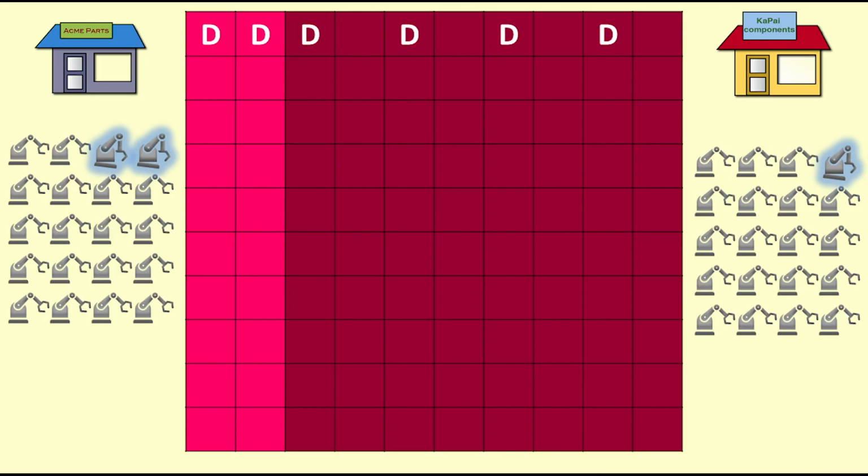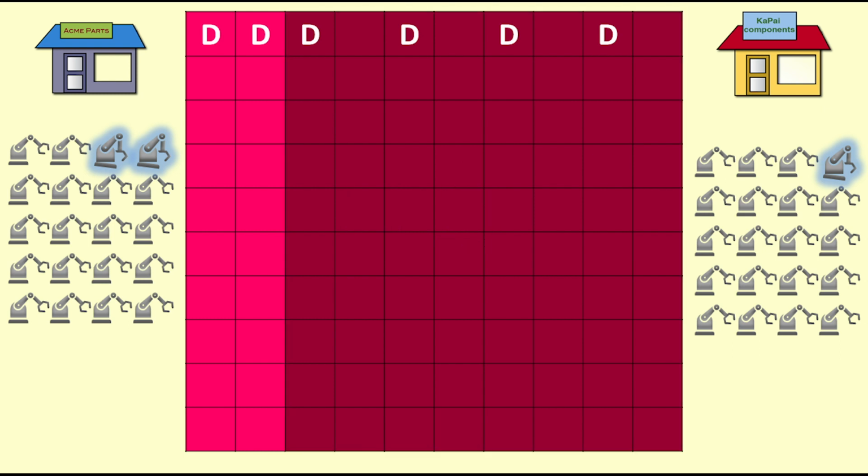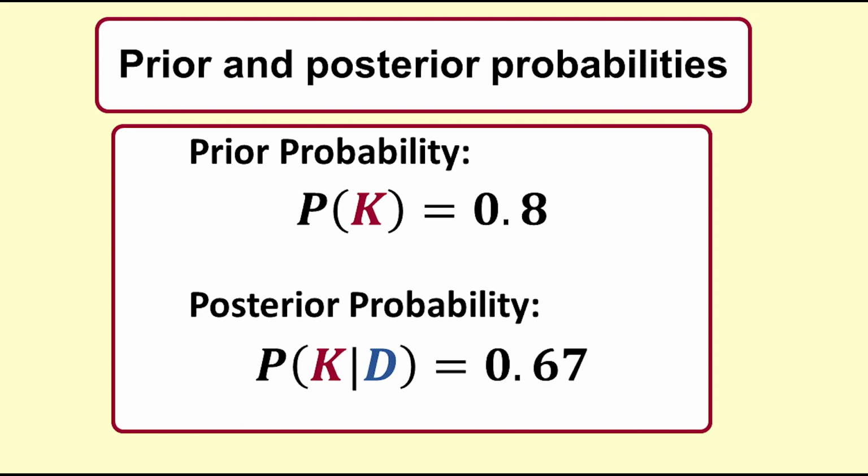However, because the underlying proportion of parts from Carpi was so high, even though there was a lower rate of defectives among them, the defective part was more likely to come from Carpi. This is known as the prior probability. Before we had information about whether the part was defective, the probability that a part was from Carpi was 80%. After we knew that it was defective, our posterior probability was 67% or 0.67.